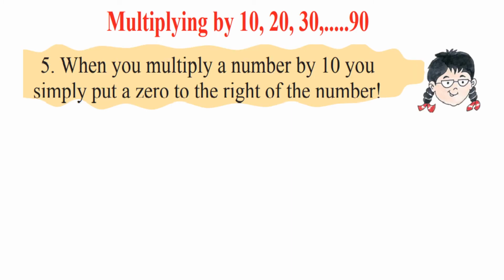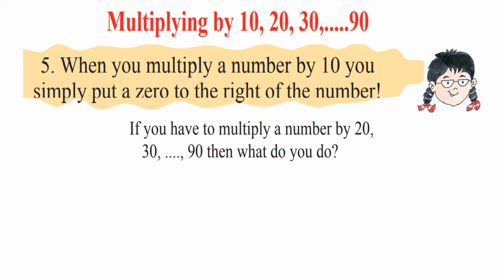Next is multiplying by 10, 20, 30, 40, 50, 60, 70, 80, 90. Number 5. When you multiply a number by 10, you simply put a 0 to the right of the number. If you have to multiply a number by 20, 30, 40, 50, or 90, then what do you do?